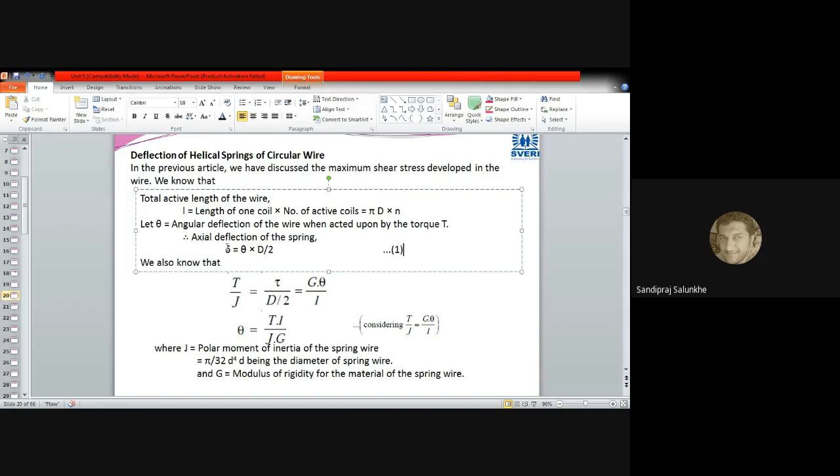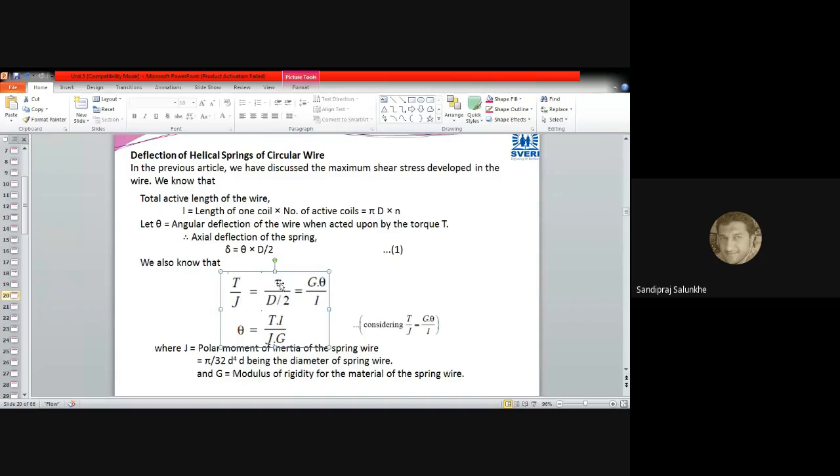So we have calculated this deflection of that spring. Now again we are going to use the equation T by J is equal to tau by capital D by 2. Now this J here is the polar moment of inertia of that wire, calculated as pi by 32 small d raised to 4, right?